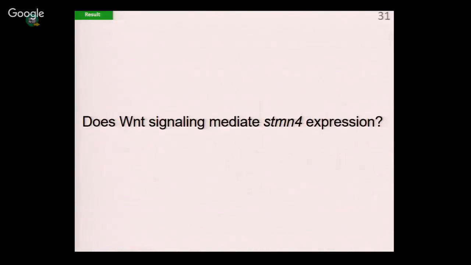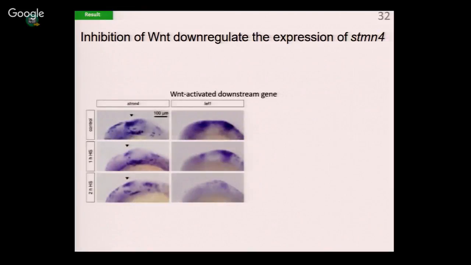We know that STEM4 is related to the cell cycle, so the authors wanted to investigate the interaction between STEM4 and another important cell cycle regulator, Wnt. LEF1 is a downstream gene which is Wnt activated, so it can indicate expression of Wnt signal. STEM4 is represented in blue dye in the dorsal midbrain in these pictures. The authors suppressed the activation of Wnt by applying a Wnt signal inhibitor.